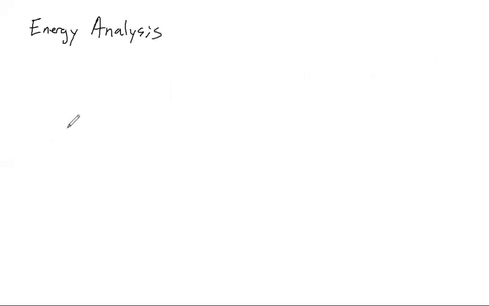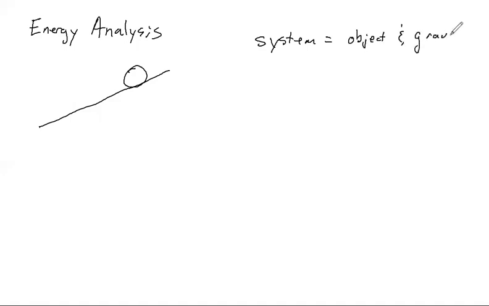Okay, so I've got my hillside, I've got a wheel, and the energy analysis starts as it always does. We have to define the system. So we're going to say the system equals the object and gravity.